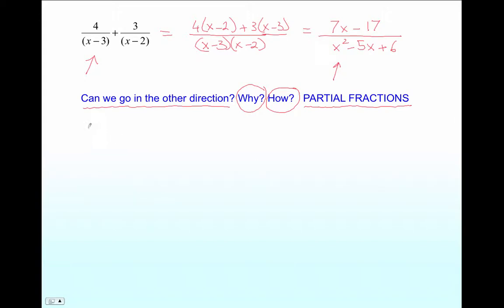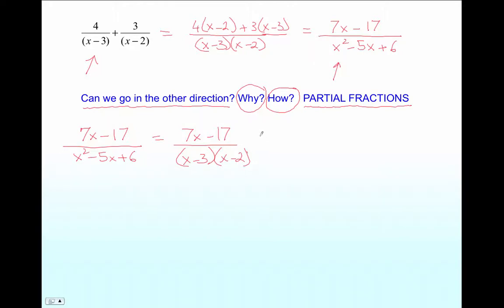Now, let's work backwards. So, 7x minus 17 divided by x squared minus 5x plus 6. So, we're starting off from this expression. The first thing that we want to do is factor the denominator over here. And the denominator is easily factored. It is, as you know very well, just x minus 3 into x minus 2.